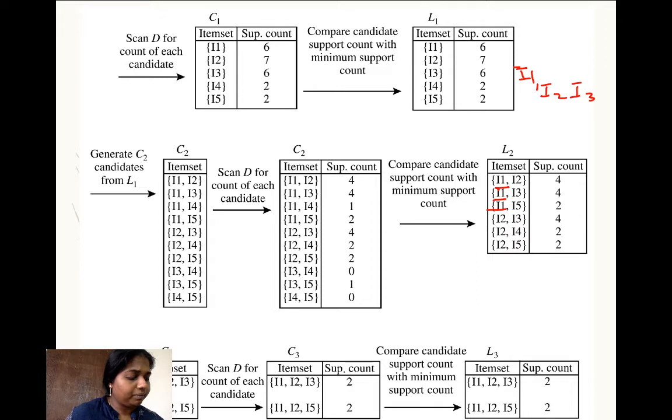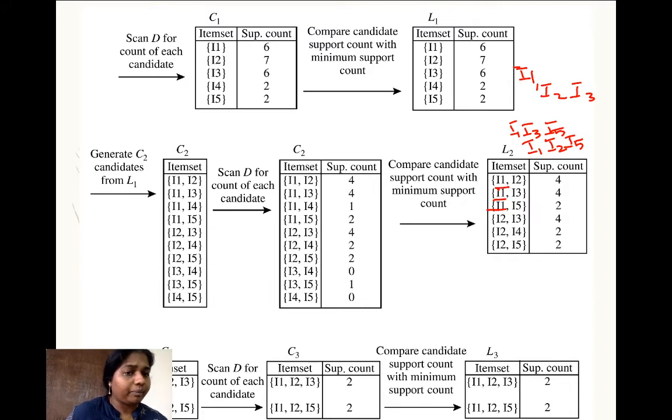This is 1, followed by I can form I1, I3, I5. Then I can form I1, I2, I5. These are the three possible combinations that I derive from the first three elements of L2.